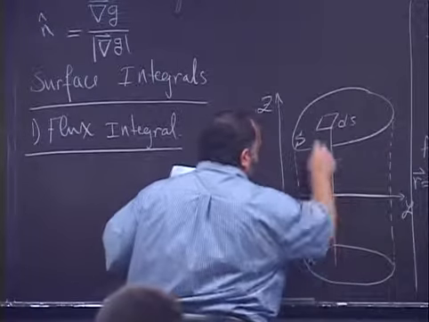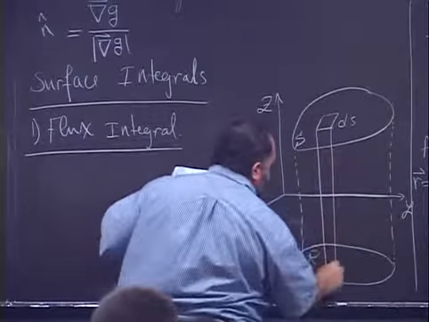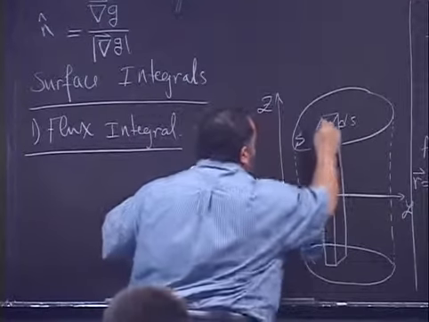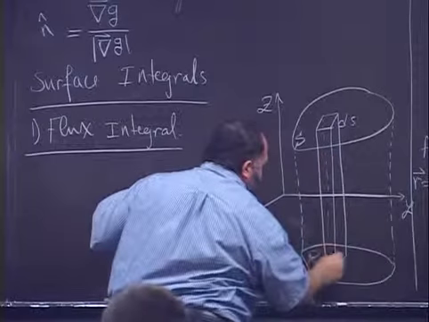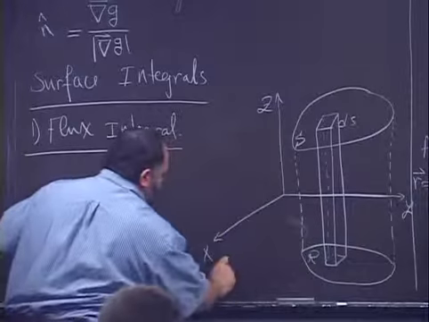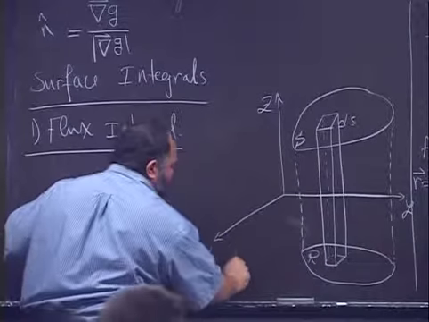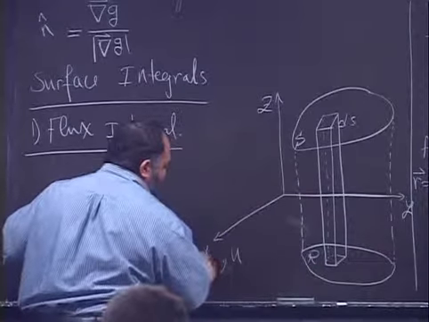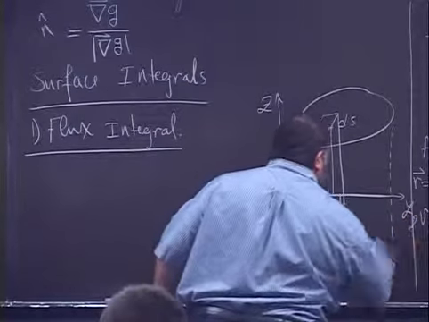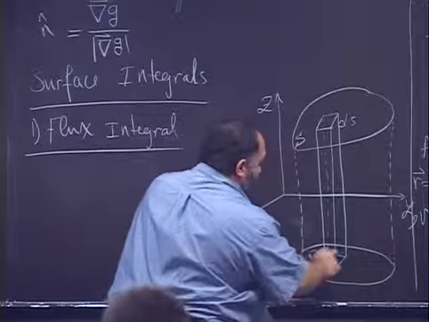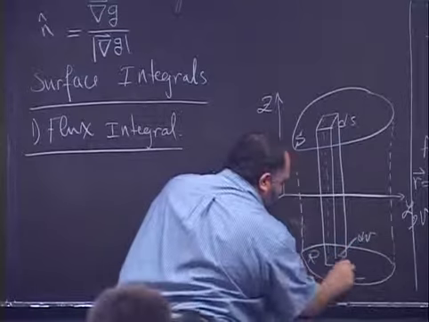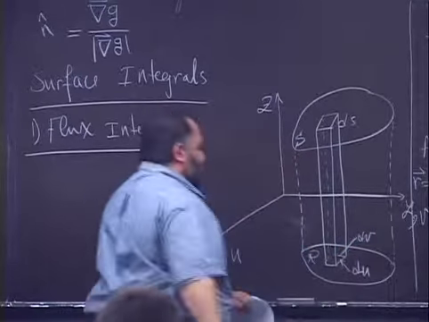So let's pick our parameters now to be, it's easy to say the x-axis is the u and the y is the v, so this will be in the direction of v, and this is in the direction of u, so this will be the u.